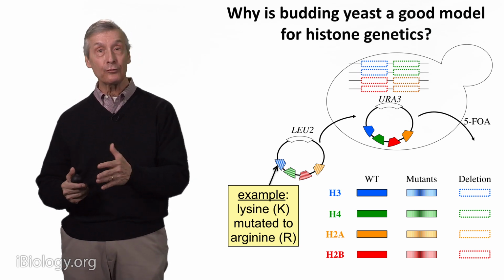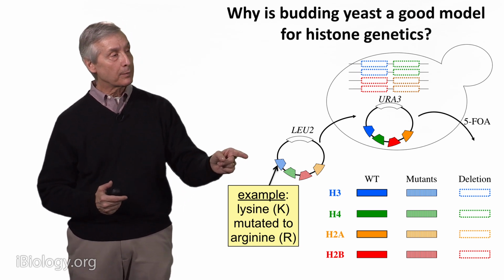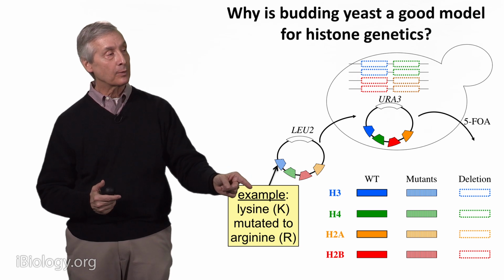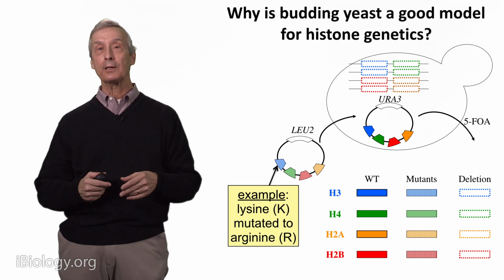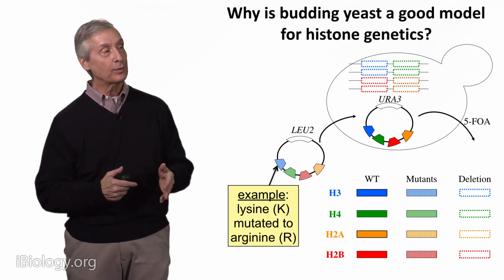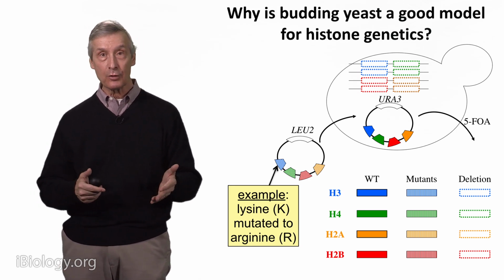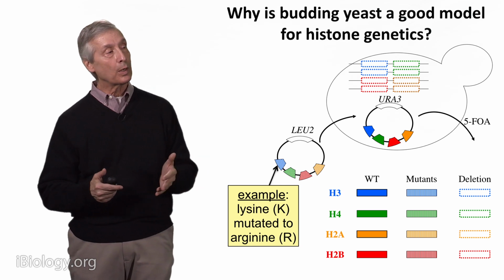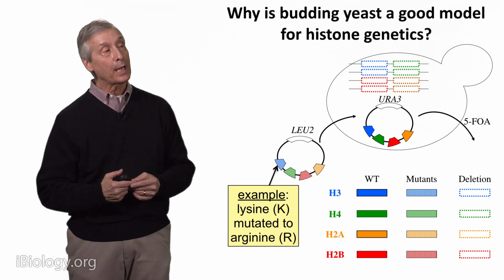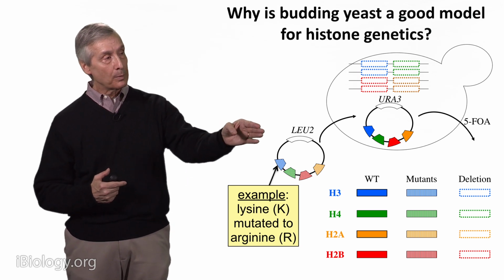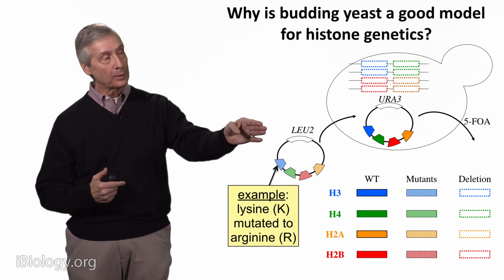What if we took its gene and mutated one of the special lysines to an arginine? Those of you who know your amino acids will know that a lysine to arginine change keeps the positive charge, but a lysine is one that can be acetylated, for example, and an arginine cannot. So a K to R mutation would be a great test of whether that lysine matters.